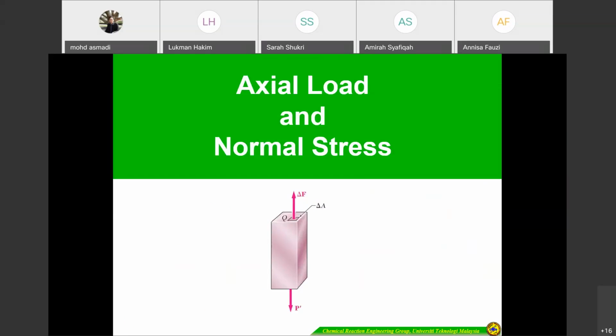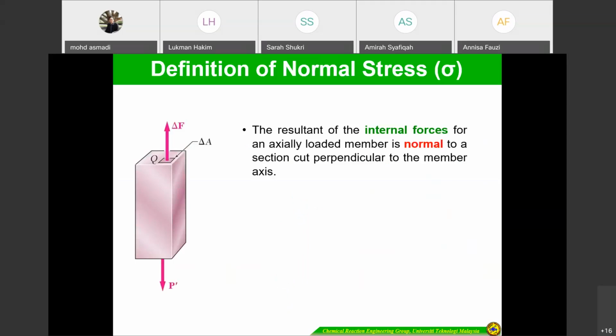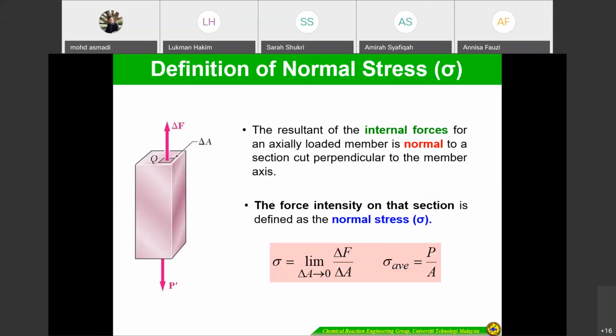Let's move to axial loading and normal stress. For the normal stress, the resultant of the internal force for an axial loaded member is normal to a section cut perpendicular to the member axis. The force intensity on that section is defined as the normal stress.